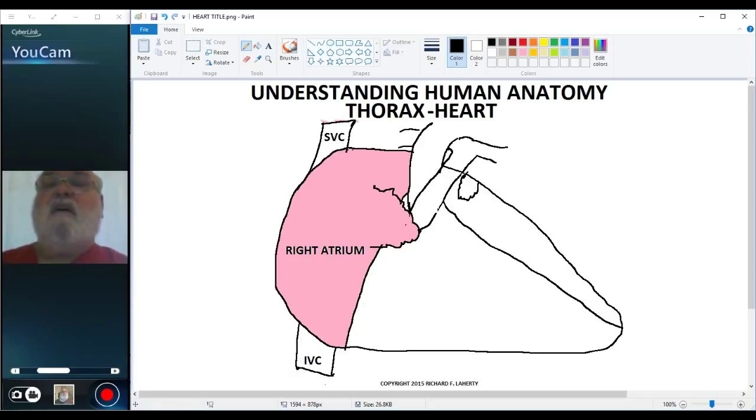Like so, and then I can color the vena cava in blue to represent that they are carrying deoxygenated blood.